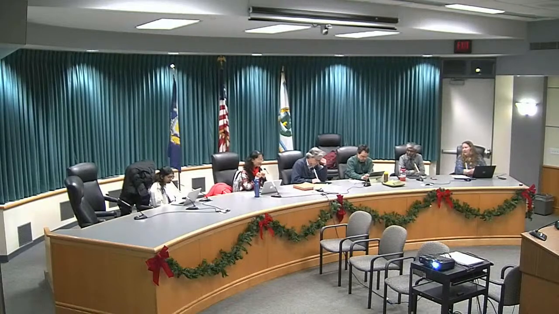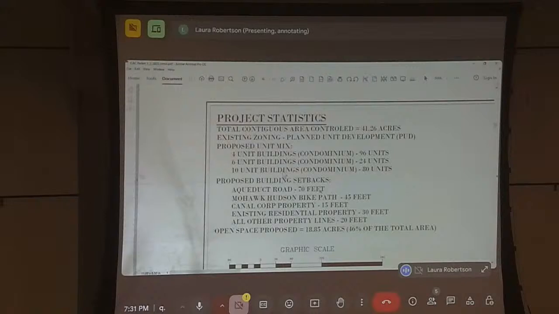Thank you, Joy. I did not catch that, so it's really helpful. So the table is on page 9. Yeah. Here it says open space proposed 18.85 acres, 46% of the total.